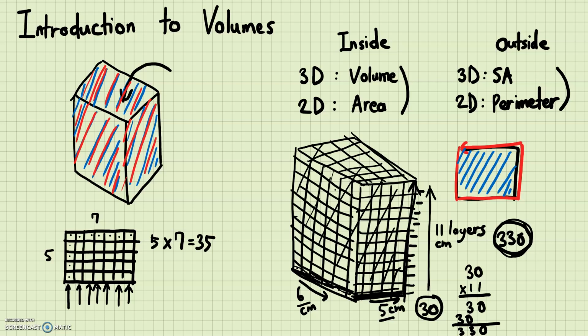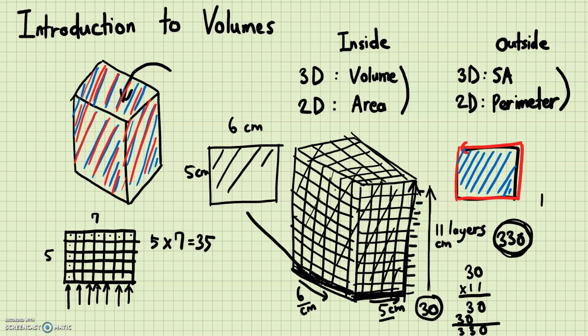When you're multiplying, let's do two dimensions first. Let's look at this one sheet here. That's going to be 6 centimeters by 5 centimeters. I'm just looking at this bottom sheet. If I find the area, 5 times 6, it's going to be 30. And the unit, I also multiply the units together, so I get centimeters squared.